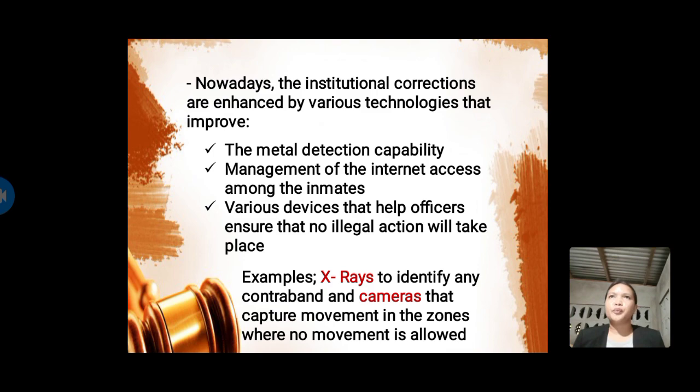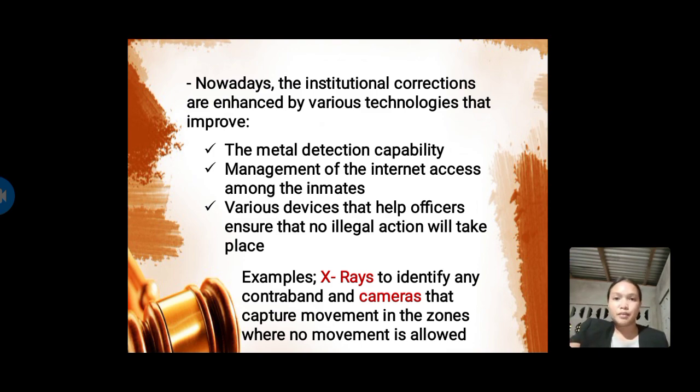They are so important for now so that the officers can easily identify any contraband, and the cameras capture movement in the zones of the facility.